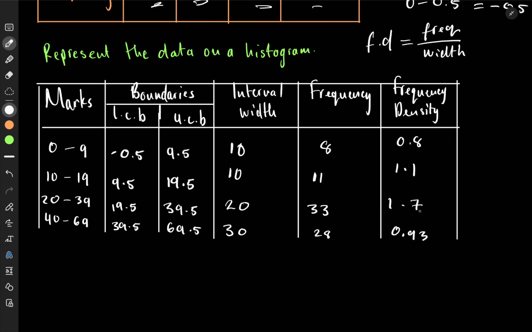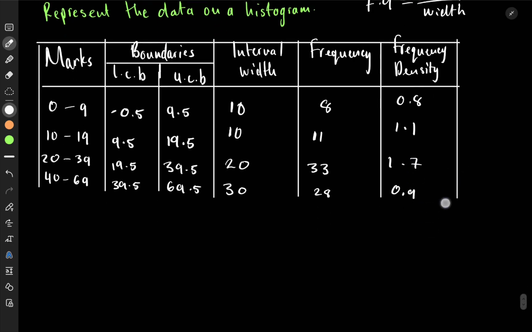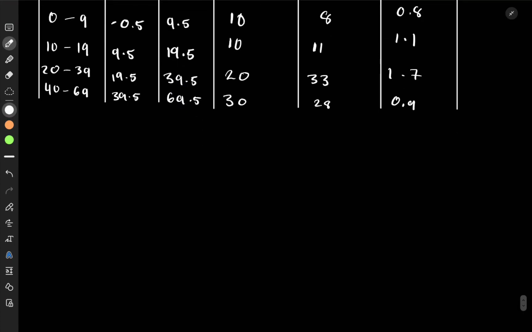Remember, when you're rounding off 1.65 to one decimal place, which means only one number after the comma, you look at the second one. It's a 5 and above, so we add 1 to the 6, it becomes 7. Then this 0.93 just becomes 0.9. And these are the ones that we're going to put on the histogram, after rounding off.